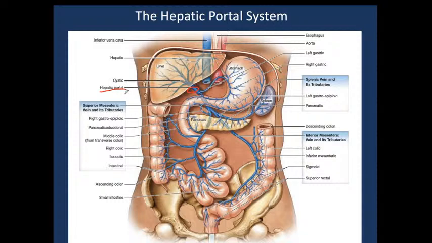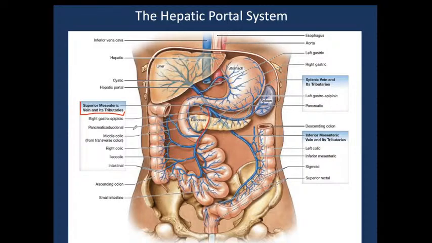Portal vein receives blood from the three large veins draining organs within the peritoneal cavity. Three veins. What kind of veins? This first is the superior mesenteric vein, and its tributary is here.